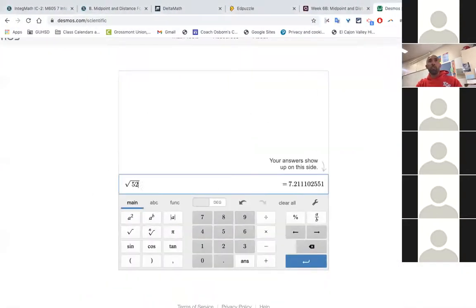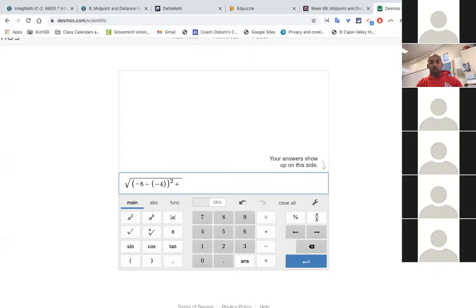So what I'm going to do here is type -8 and then minus -4 and then parentheses and then squared plus 1 minus -5 and then squared. Okay, and then look what I get.